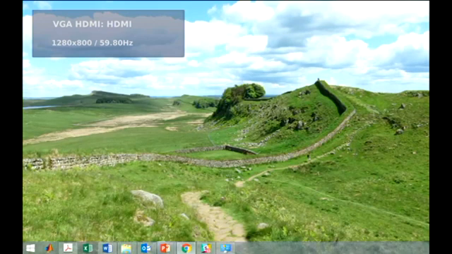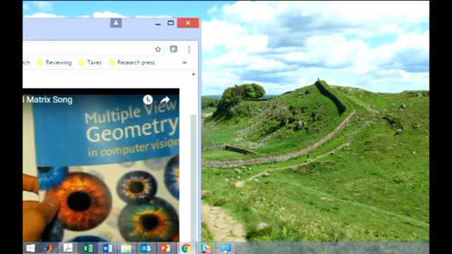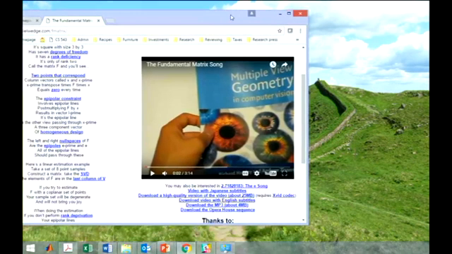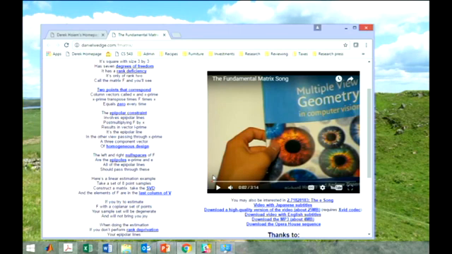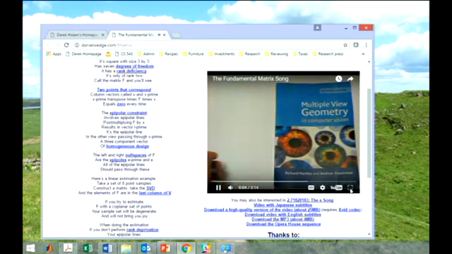Bear with me for one moment. All right. So this is the best summary of a computer vision algorithm by song that I know of. Let's hope that the audio works. Oh, no. OK, let me see.